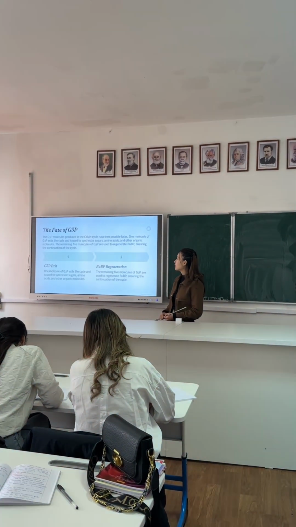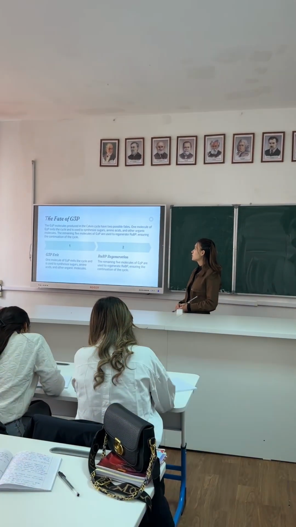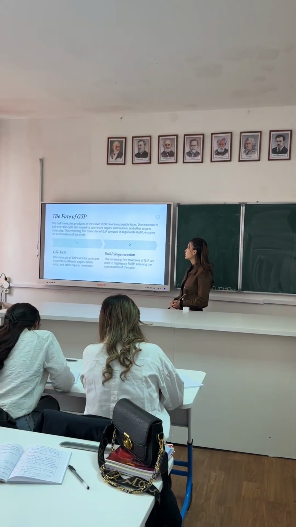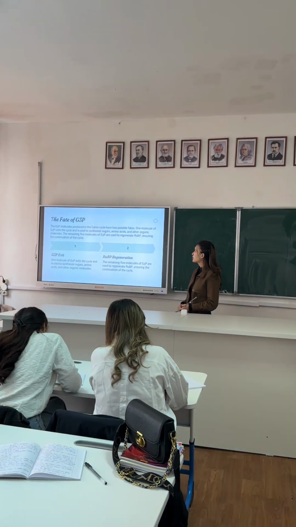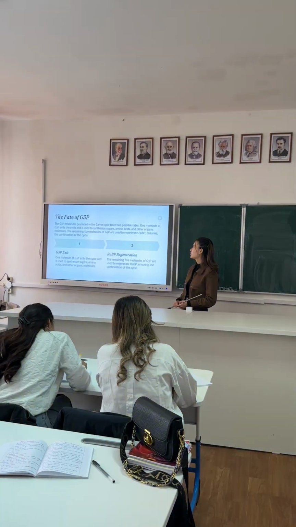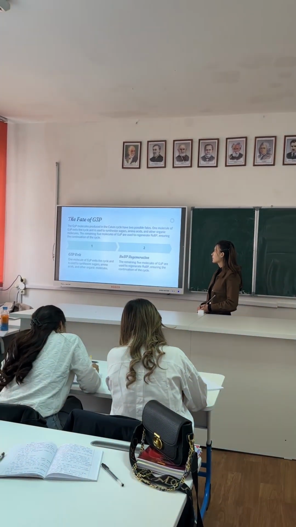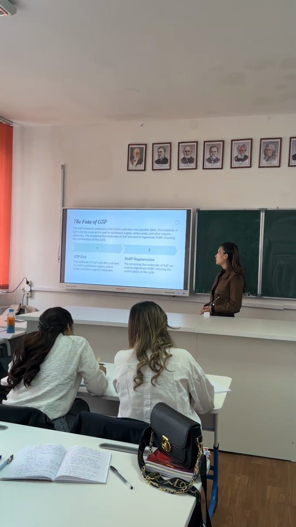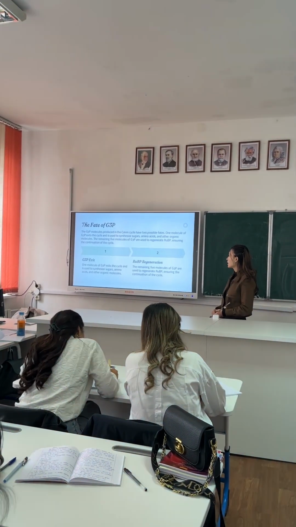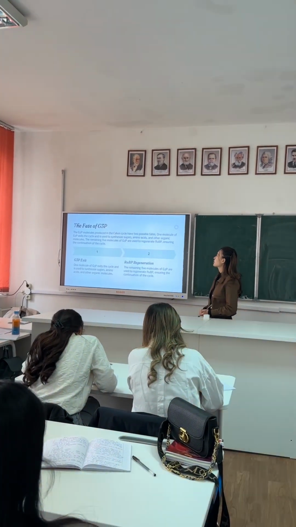The fate of G3P. The G3P molecules produced in the Calvin cycle have two possible fates. One molecule of G3P exits the cycle and is used to synthesize sugars, amino acids, and other organic molecules. The remaining 5 molecules of G3P are used to regenerate RuBP, ensuring the continuation of the cycle.